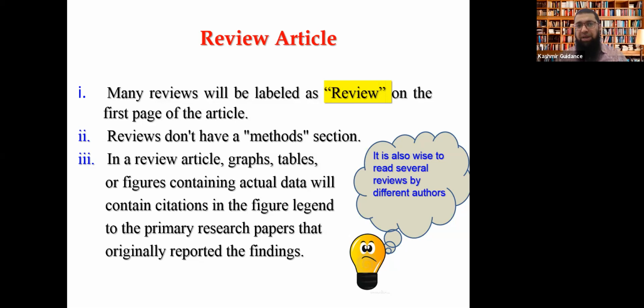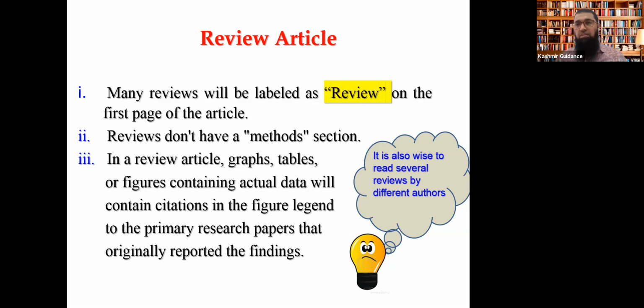Also in review articles, mostly you will find graphs, tables, and figures. And these tables, graphs, and figures are not from your own data. Rather, this information is a collection of multiple pieces of information found in other originally written research articles.